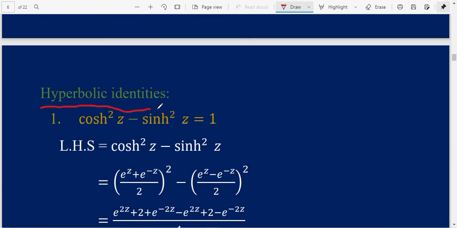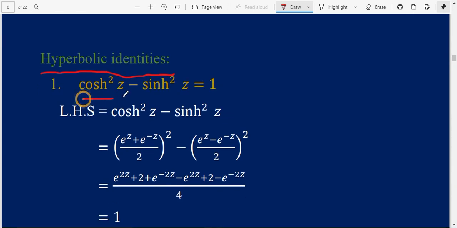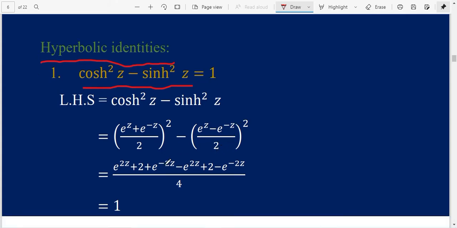Hyperbolic identity: cos hyperbolic square z minus sin hyperbolic square z is equal to 1. Now put the values of cos hyperbolic z and sin hyperbolic z: e raised to z plus e raised to minus z upon 2, and e raised to z minus e raised to minus z upon 2.